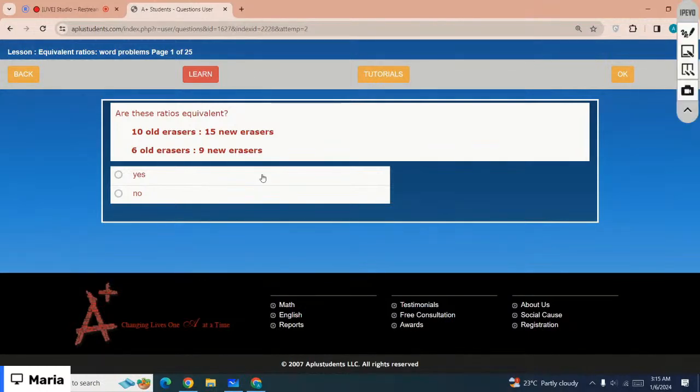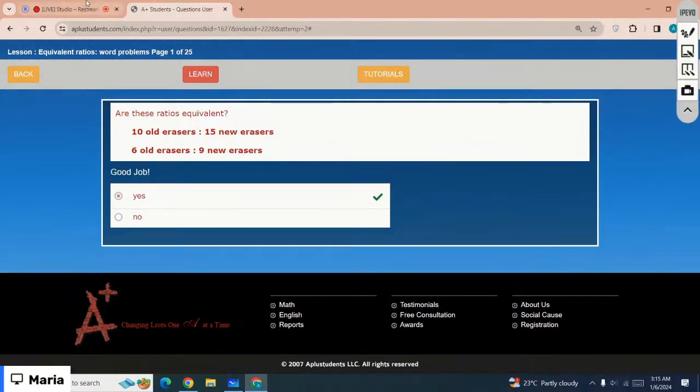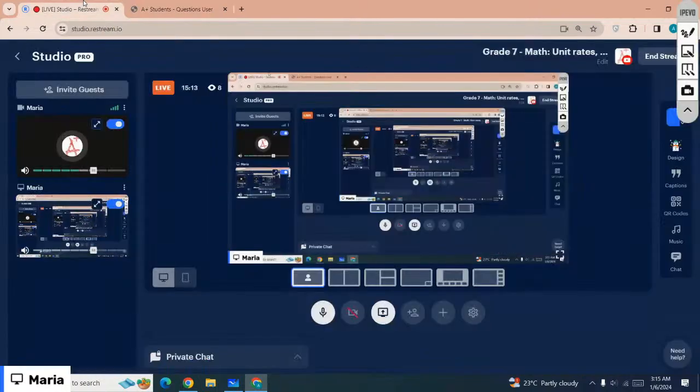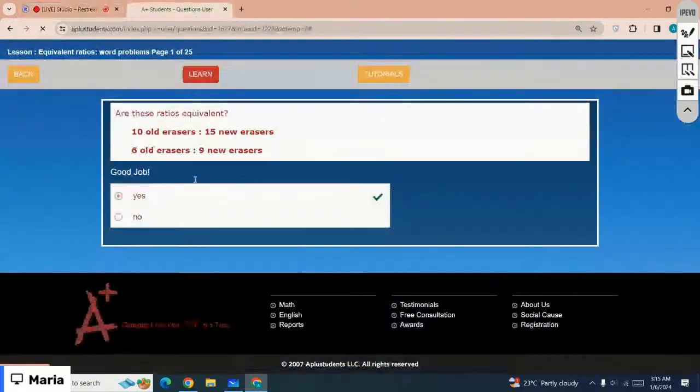Got it? The correct option is yes, they are equivalent.